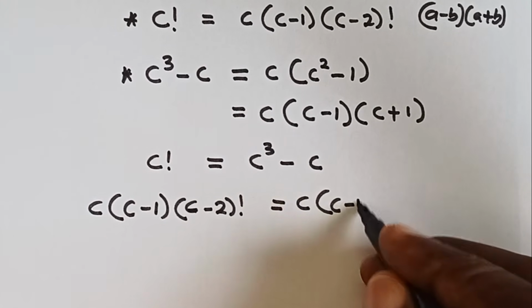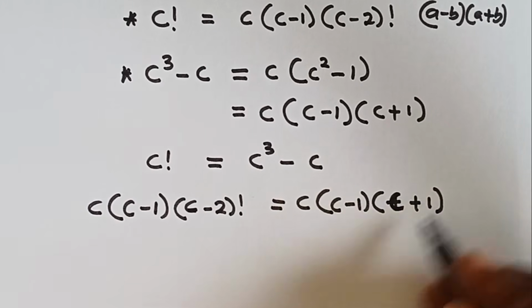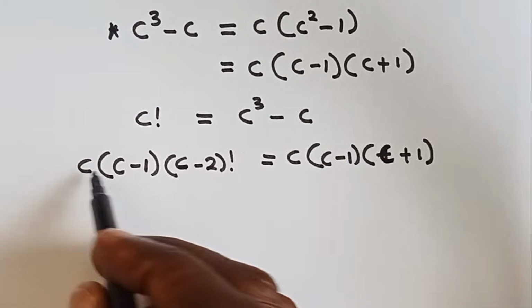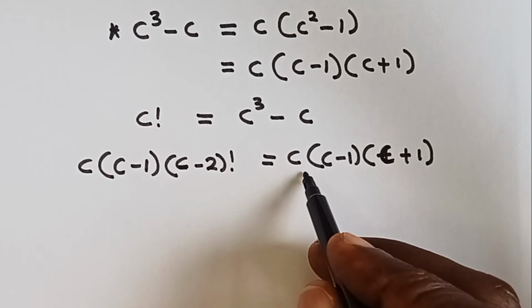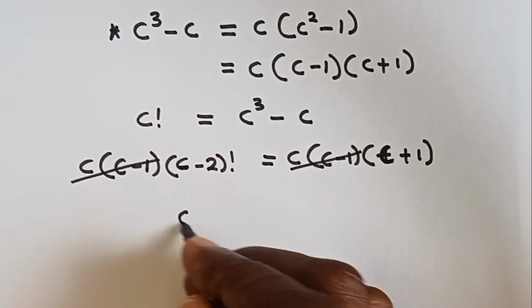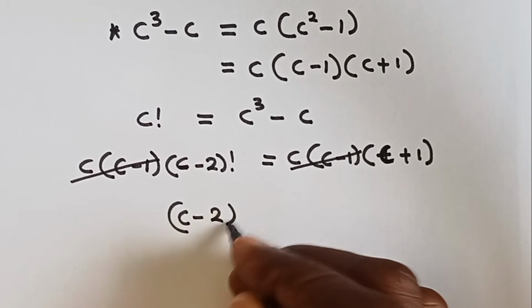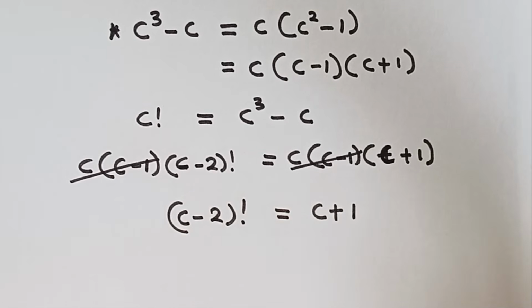This is c(c minus 1)(c plus 1). Okay, now c times c minus 1 can cancel c times c minus 1 here. So we have c minus 2 factorial equals c plus 1.